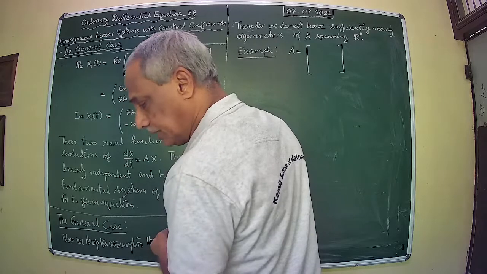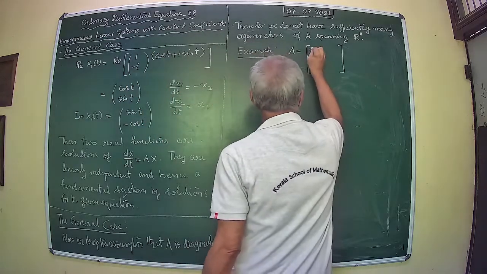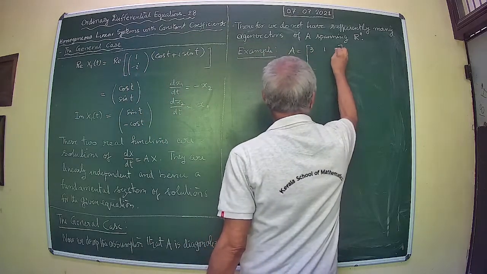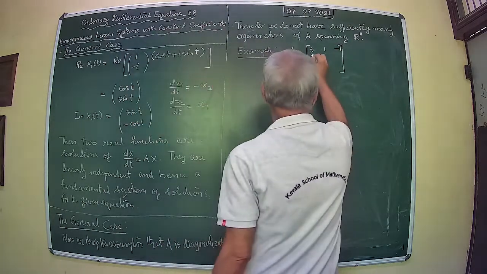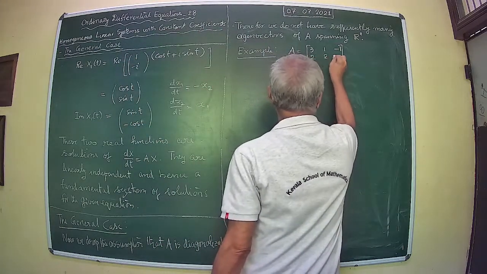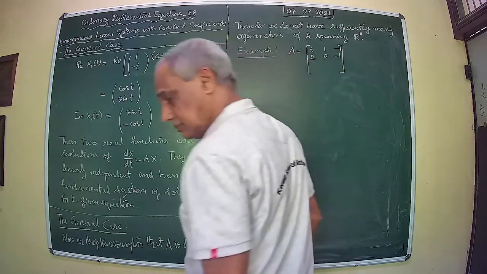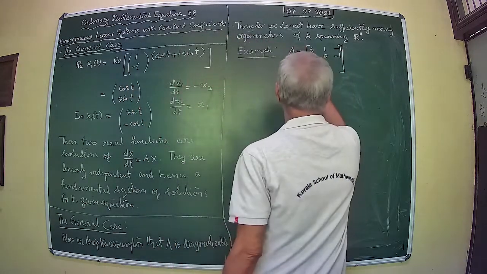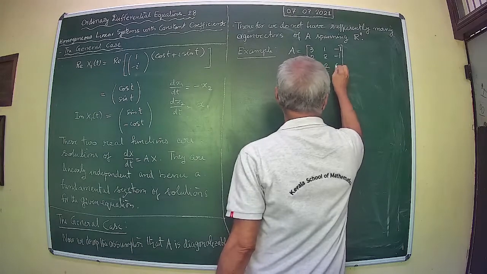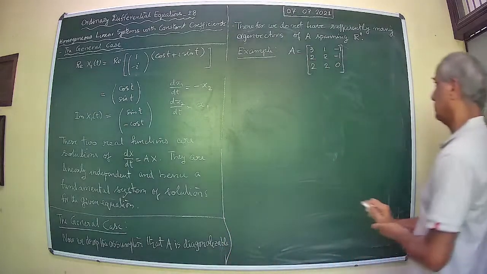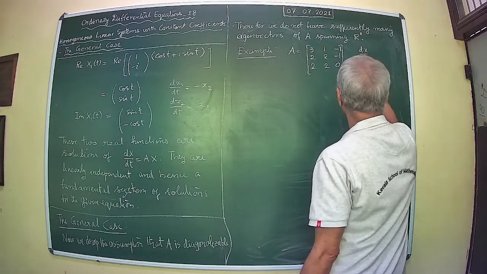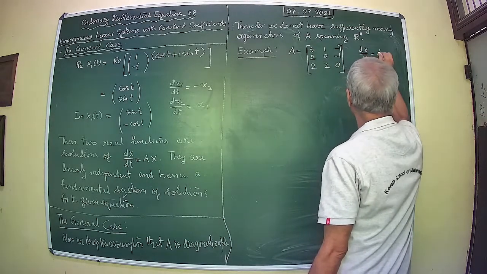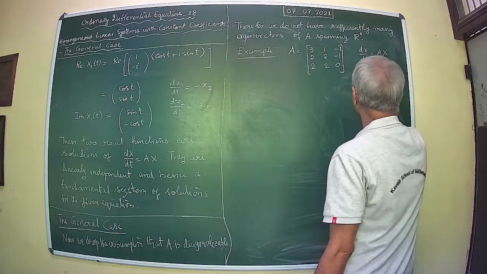So we take A equal to 3, 1, minus 1, 2, 2, minus 1, 2, 2, 0, and we have the equation dx by dt equal to Ax.